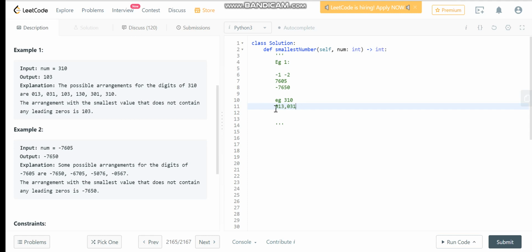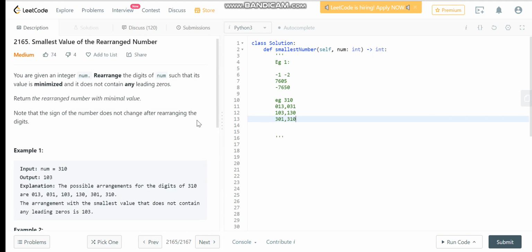This is when you start from 0. Second combination, when we start from digit 1, what are the possible combinations? 103 or 130. Similarly, when you start from digit 3, the possible combinations are 301 and 310.